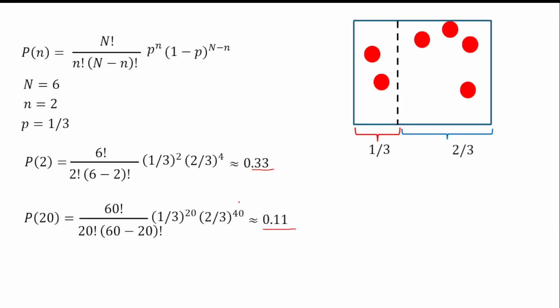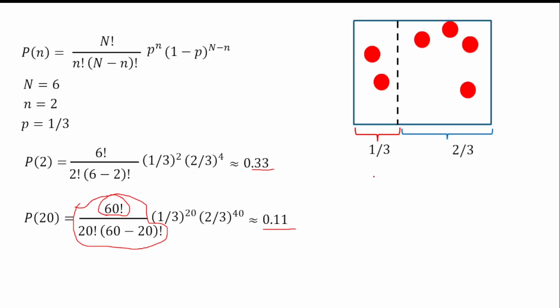The number of ways for the particles to redistribute themselves increases with the increasing number of particles, and that's why the probability for different distributions changes. So it is not necessary that always 1/3 of the particles be accommodated in 1/3 of the box.